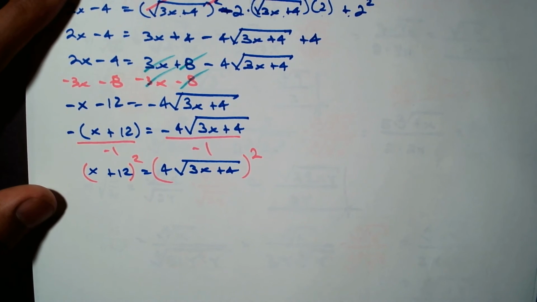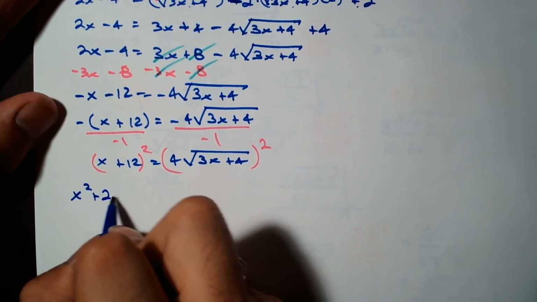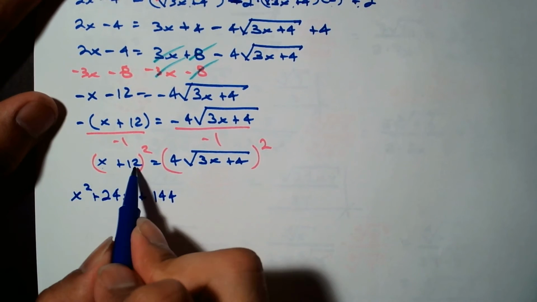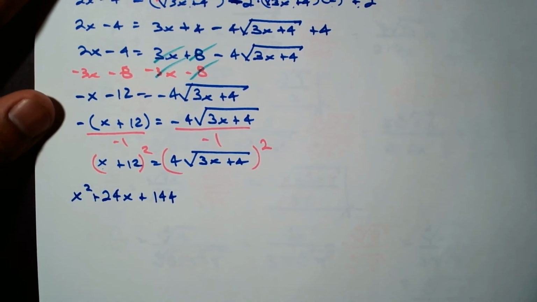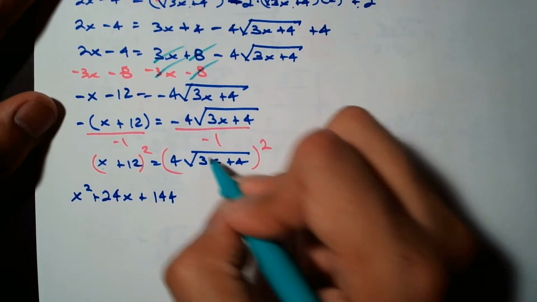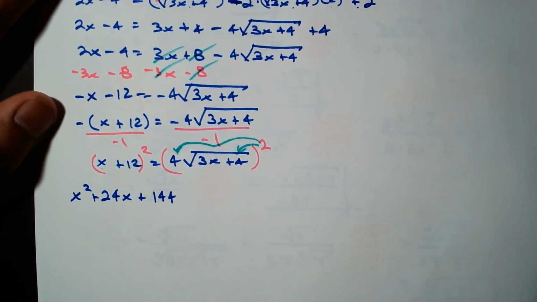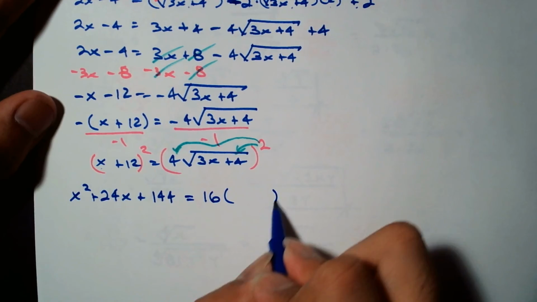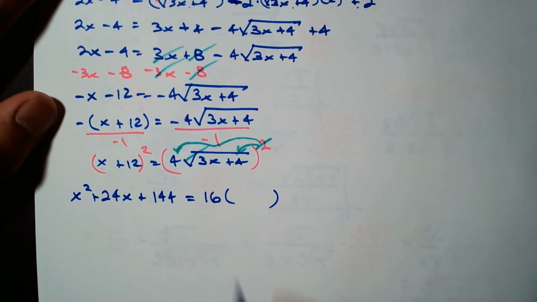All right, and so that's going to be, using the square binomial formula, x squared plus 24x plus 144. Yes, x times 12 is 12x, times 2 is 24x, and the square of the other term. Then the square affects both the 4 and the radical. 4 squared equals 16, and the square cancels the radical, leaving us with 3x plus 4 only.